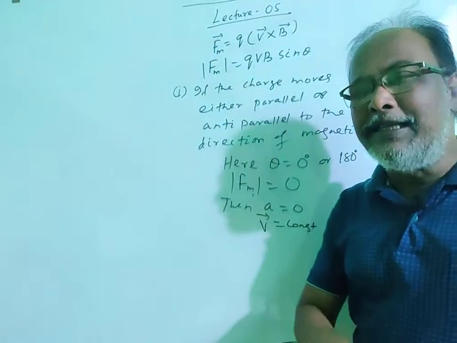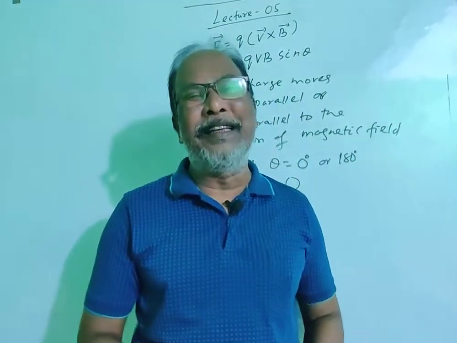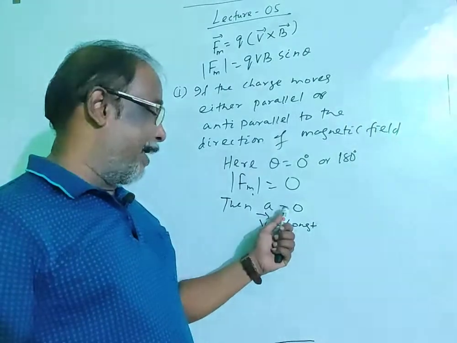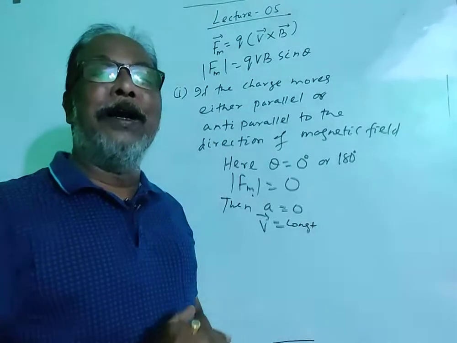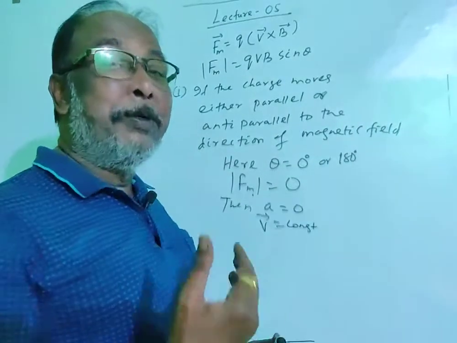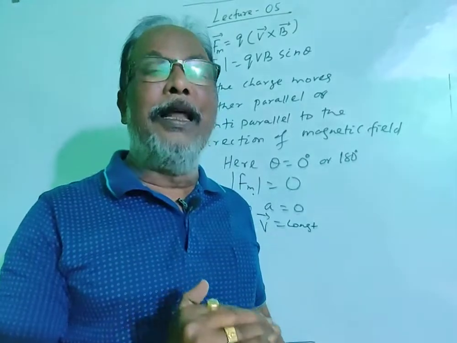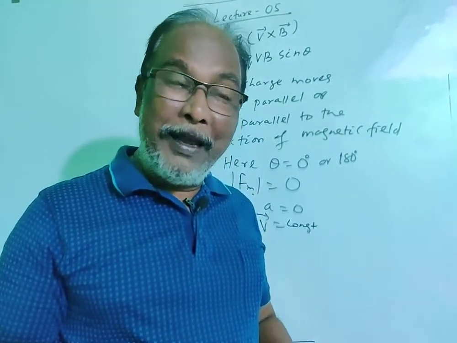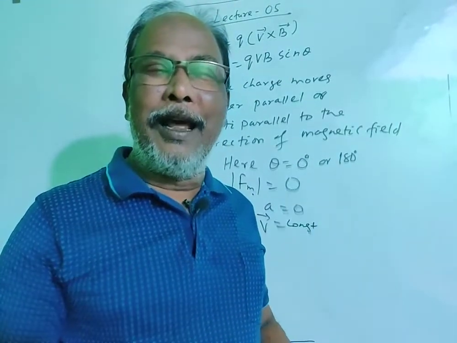Acceleration is 0, velocity is constant. If velocity is constant, magnitude of velocity is speed, so speed is constant as well as direction of motion is constant. Speed in a given direction is called velocity.